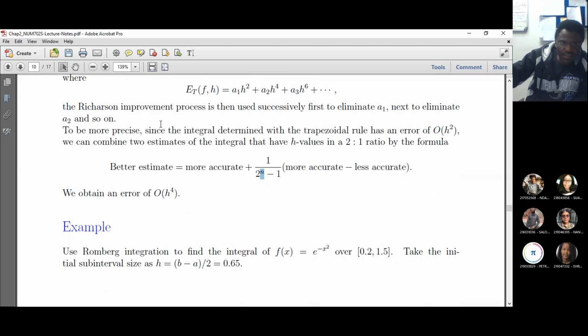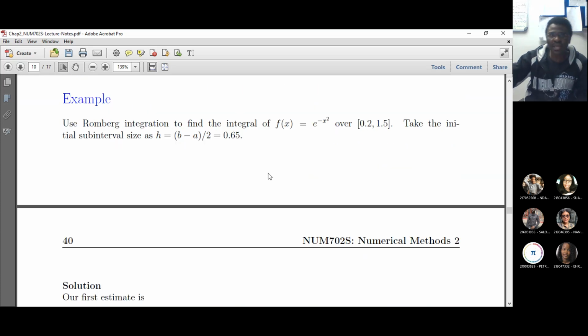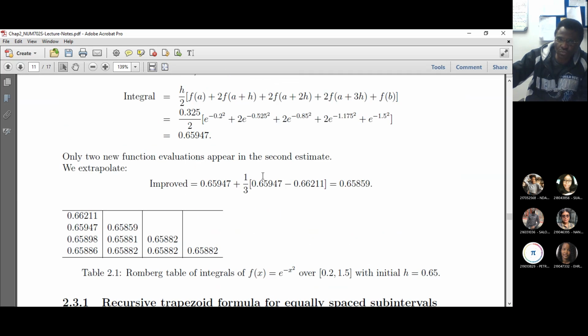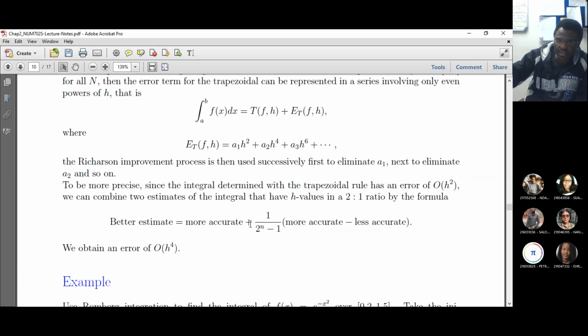Yeah, so it was not specified, but this n is that. It's the 2, the order of accuracy. Okay, now if you substitute, 2 to the 2 is 4, and 4 minus 1 is 3. That's why here we have 3, right? Because n is 2, 2 to the 2, 4 minus 1, 3.